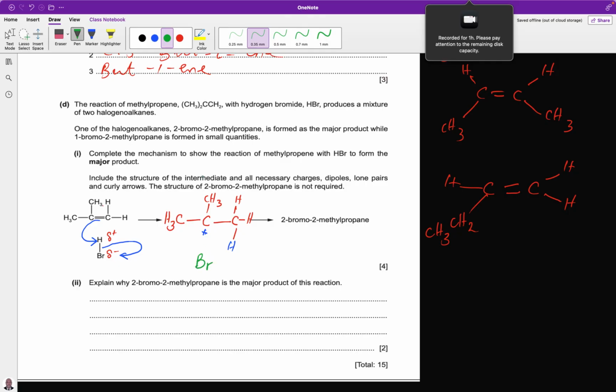This is the bromine with the lone pair of electrons, and it's a bromide ion. But it doesn't end there, because there's going to be an attack again.